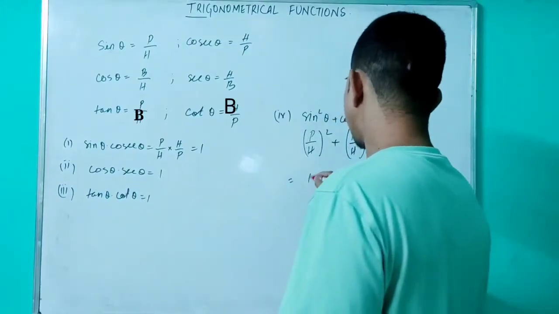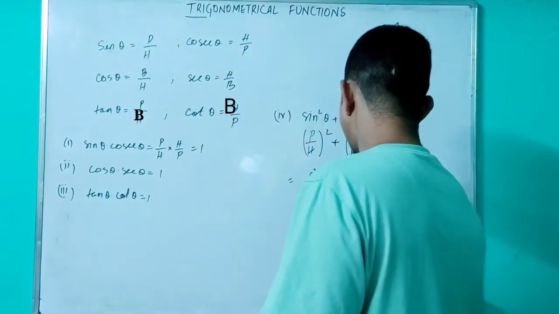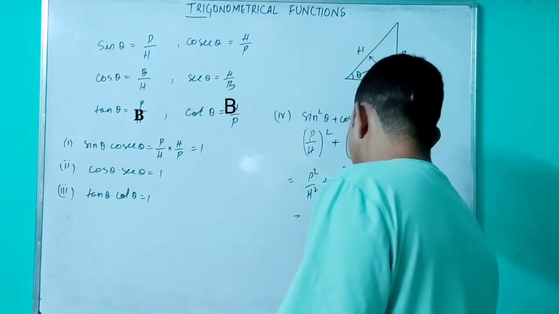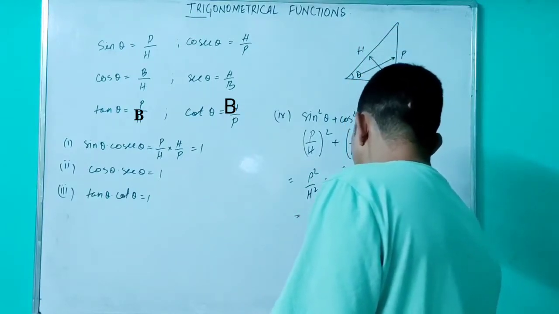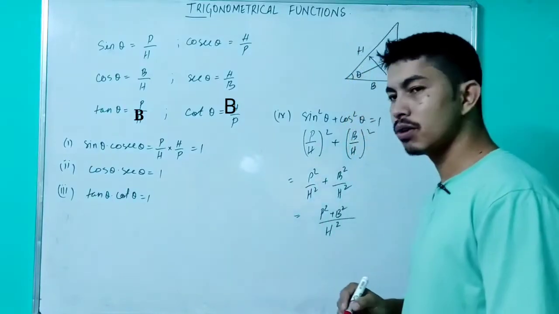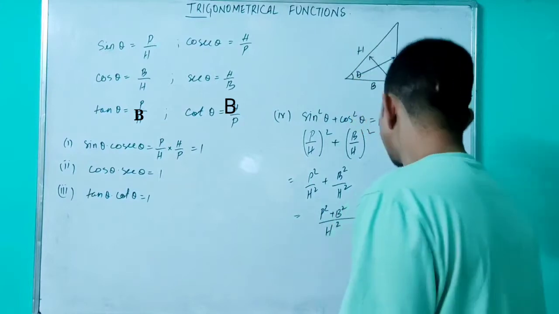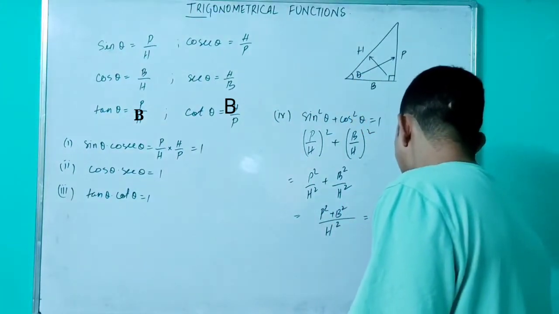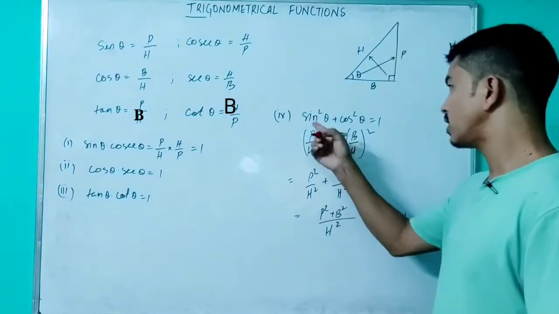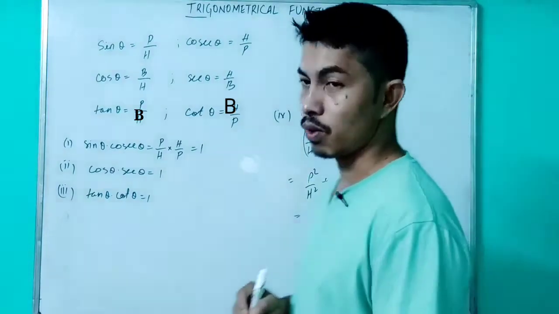Squaring this, we have p square divided by h square plus b square divided by h square. The denominator, the LCM, is h square, and the numerator is p square plus b square. Now from the Pythagoras theorem we know that p square plus b square is h square. So it is h square divided by h square, which equals 1. Hence sin square theta plus cos square theta is 1.